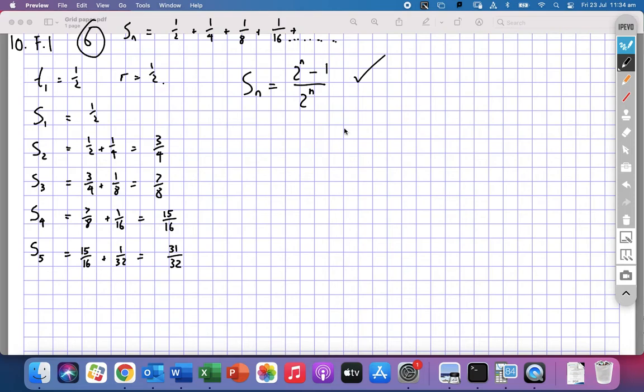You can imagine then, I can see that this sum, just inspecting this equation, if I have an infinite sum here, it's going to tend towards 1 because as n approaches infinity, 2 to the n will become infinity, a huge number, right?